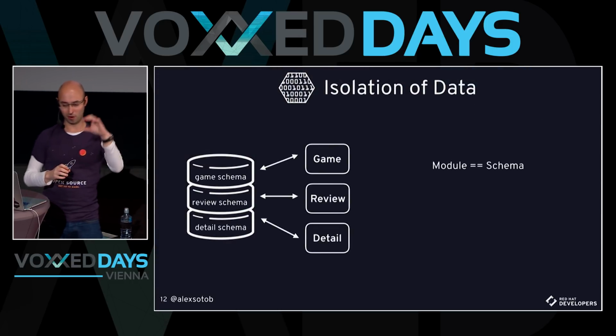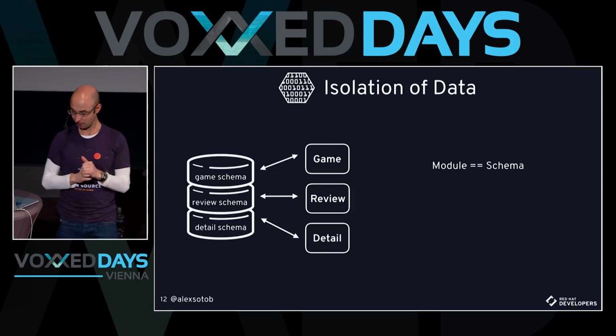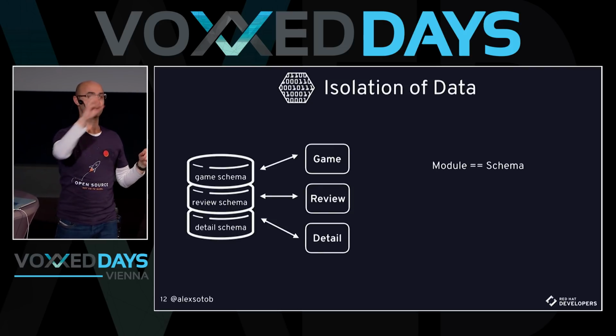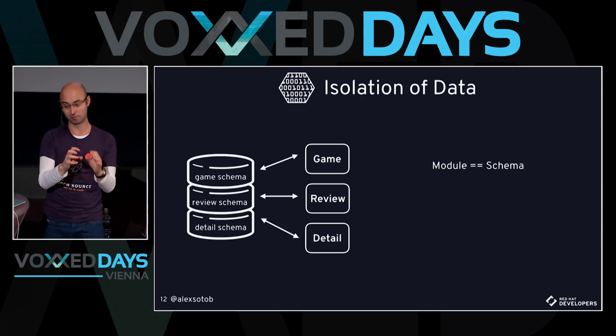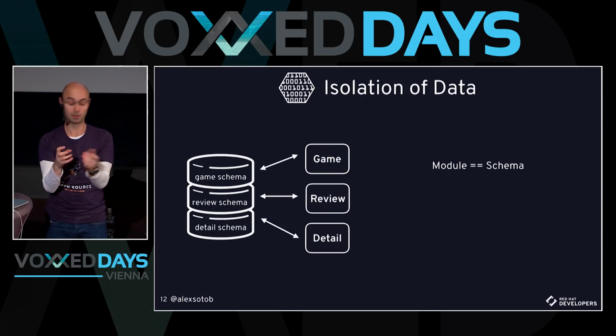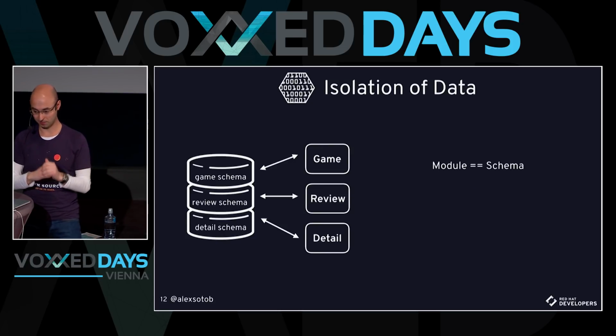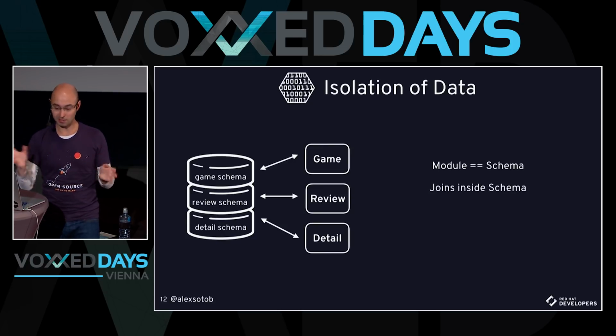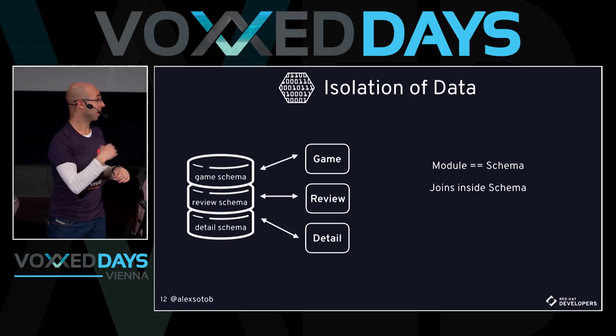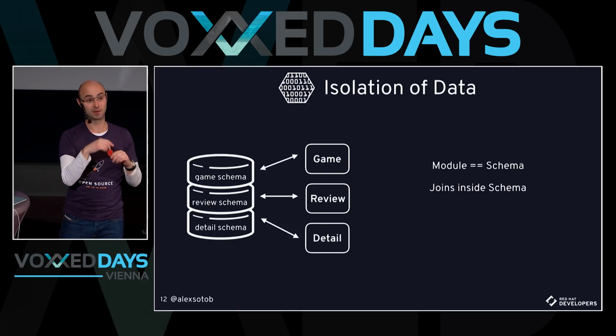Basically, you have all the services, and each of the services is mapped to a schema. So one service or one module is one schema. You have the game schema, the review schema, and the detail schema. This is important. The second thing is that joins may only happen inside the module.